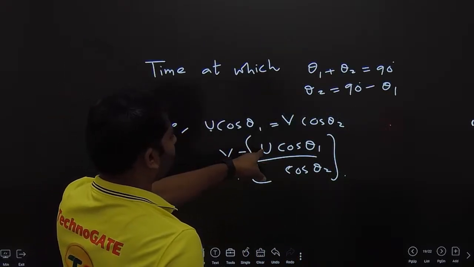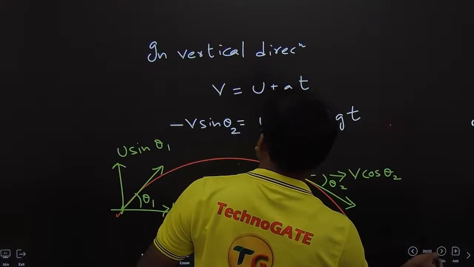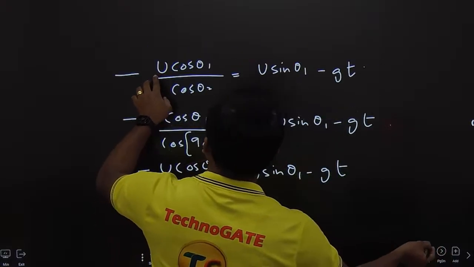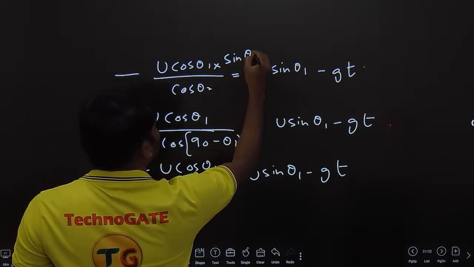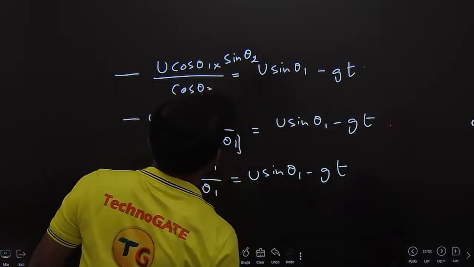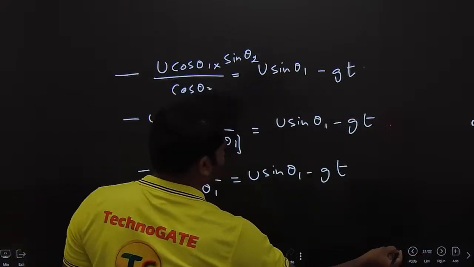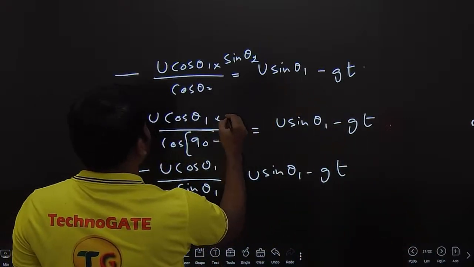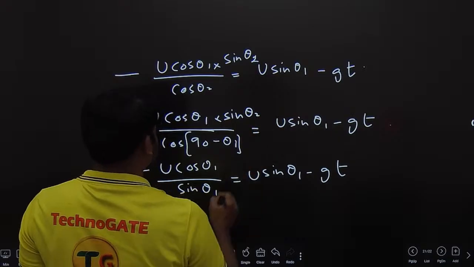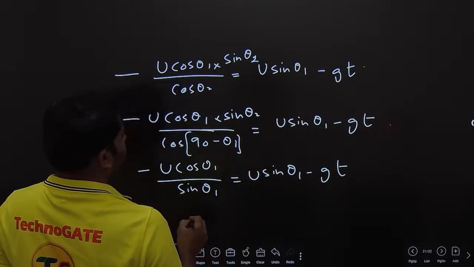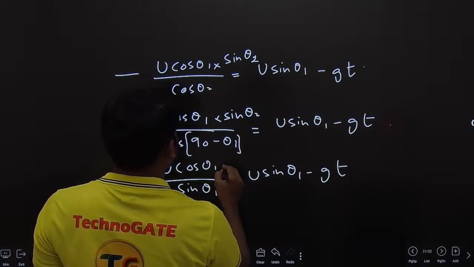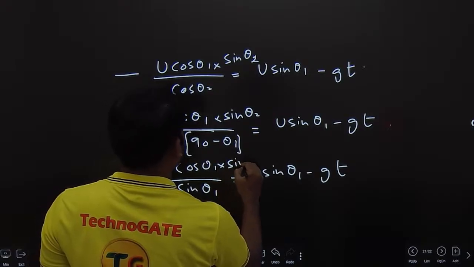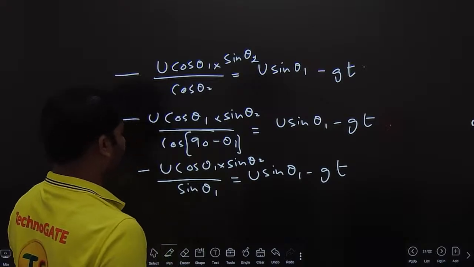V is equal to u cos theta 1 by cos theta 2. It is multiplied by sin theta 2. Right?